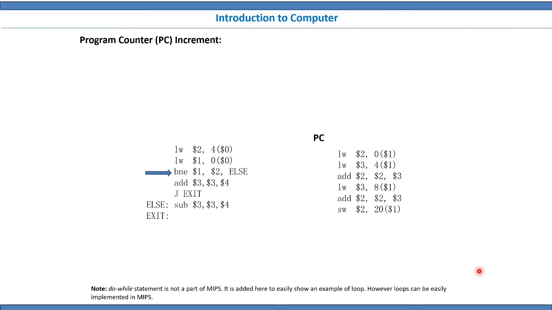So after this there are two possibilities for the program counter. Either it will go to this or this, right? If this branch is successful, then it will jump from here to here. If the branch is not successful, then it will go here, and it will execute this instruction, and finally it will go here. Otherwise, from this else it will go to exit, like this.